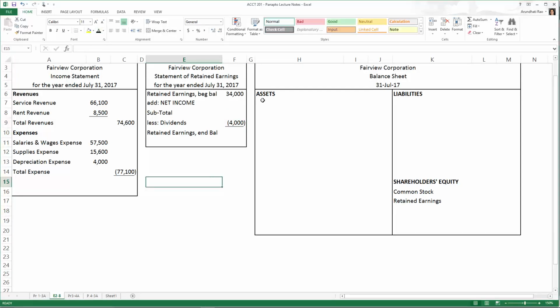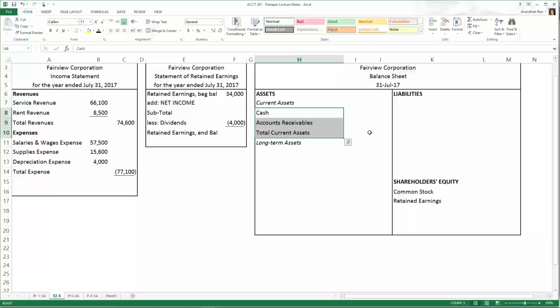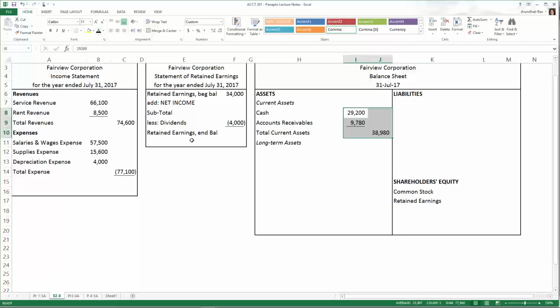Then in my balance sheet, under assets, I'll classify my assets as current assets and long-term assets. So under current assets, I have two current assets adding up to 38,980.